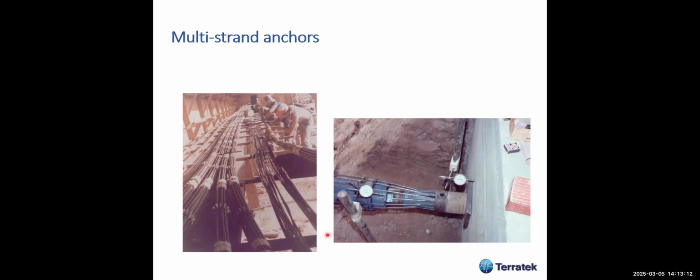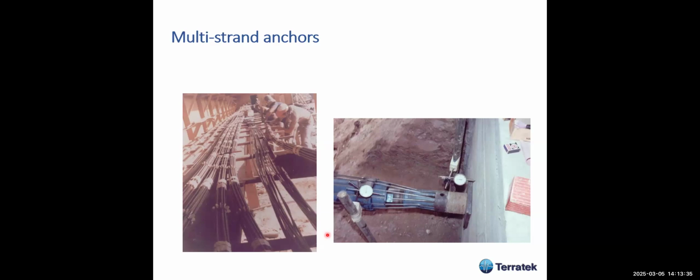In this case, you can't. So these have been used. Technically it looks very good because you can have multi-strand anchors and a very high capacity ground anchor. But until recently, I'm going to show you a solution.